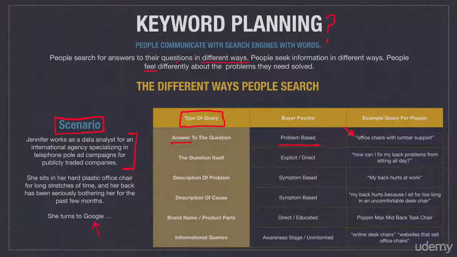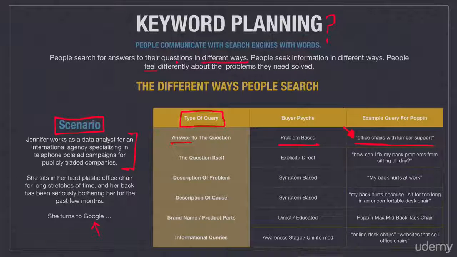So she knows that she's looking for an office chair with lumbar support, and that's the answer to her question. Her question is, how could I relieve my back pain? And she's going to Google to look for office chairs with lumbar support. She knows that that's what she wants. That is a very common way that people will search on Google, looking for the answers to their questions.